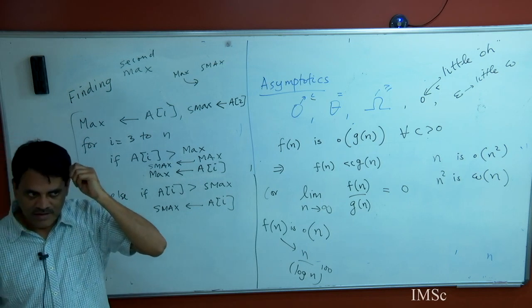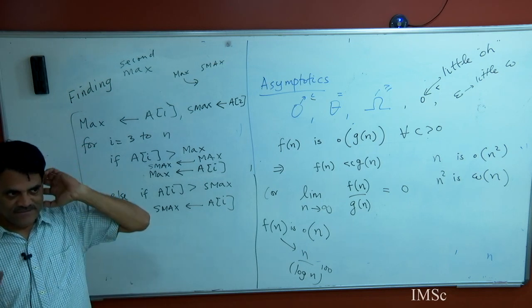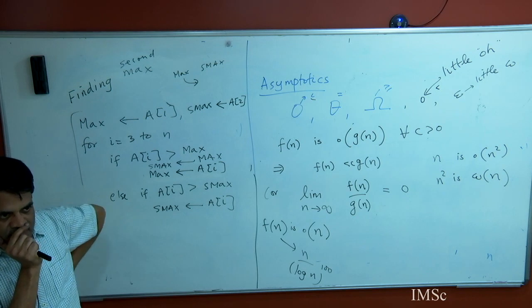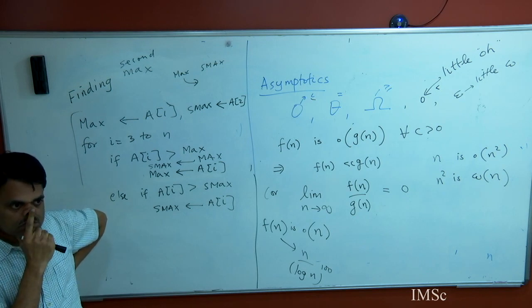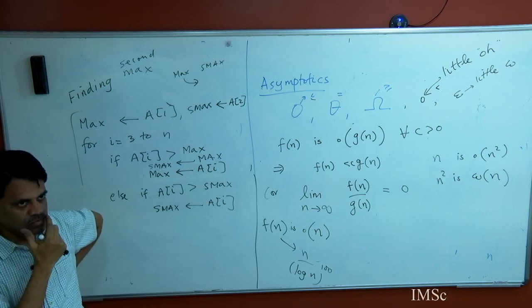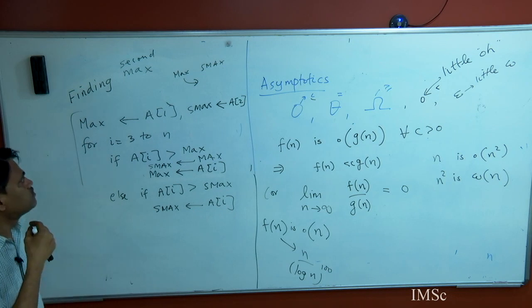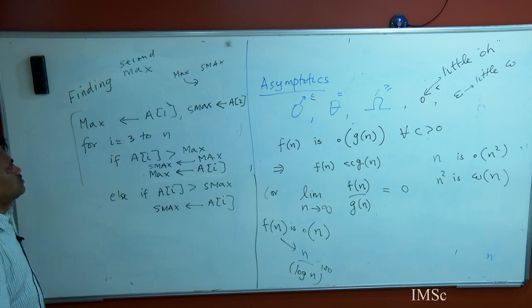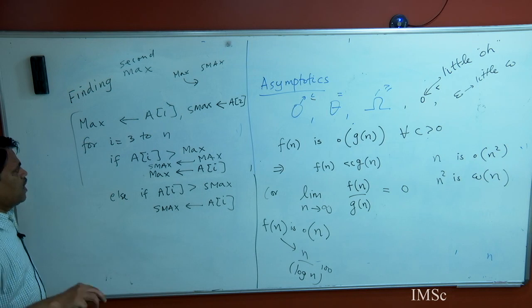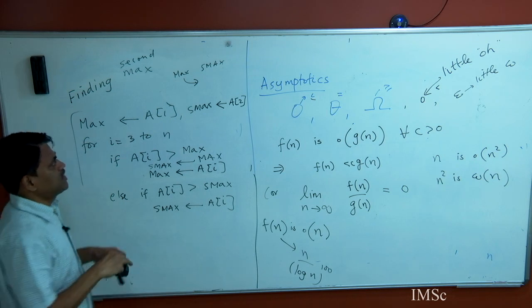Actually, first we are starting with max as a1, but when we are shifting the max, then we assign a value to second max. First we are assigning a1 to max, and then we are comparing a1 with a2, a1 with a3. So you're saying basically don't do this.